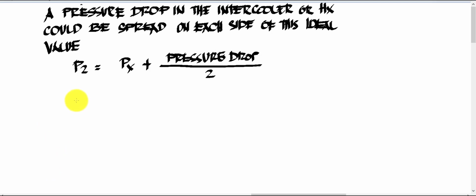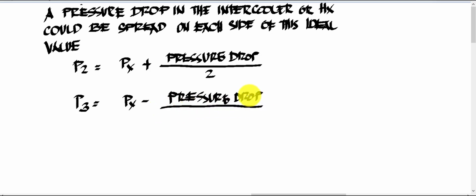So for your P3, we have your Px, that will be minus your pressure drop, then it will be divided by your 2 again.